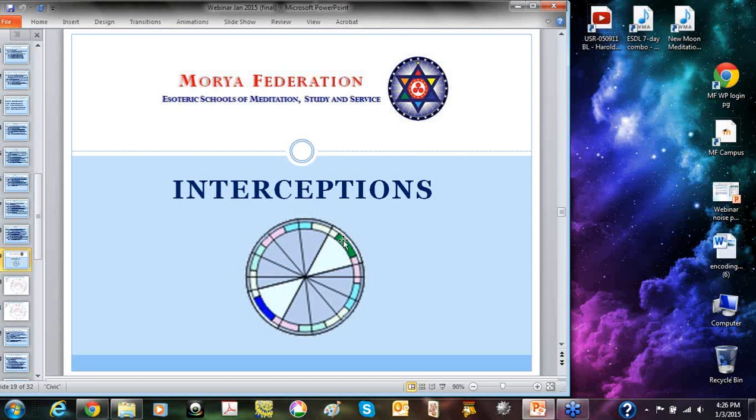So whatever sign this is, its opposite is also self-contained. So you have one sign on one side and the other sign on the other side that is intercepted. So let's leave it at that for the moment. We're going to move on to the next slide.